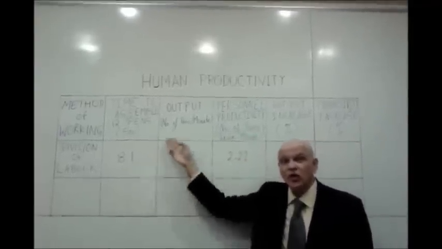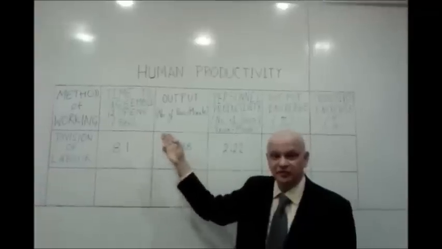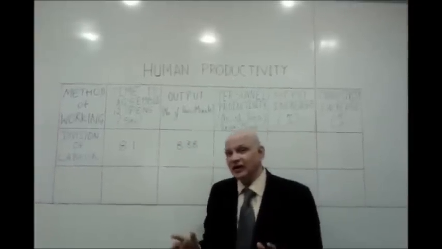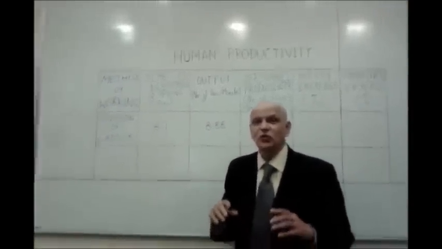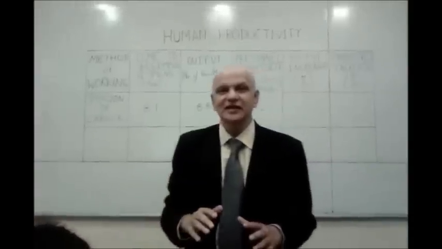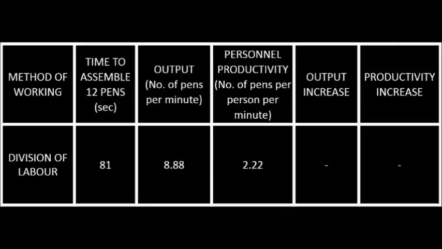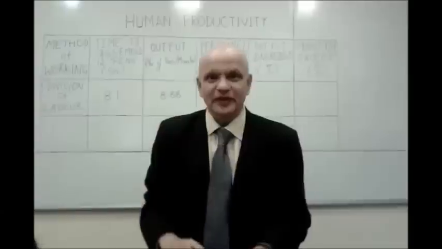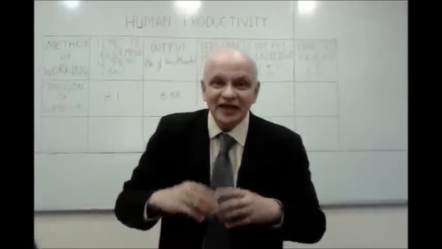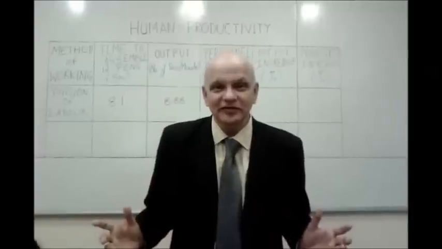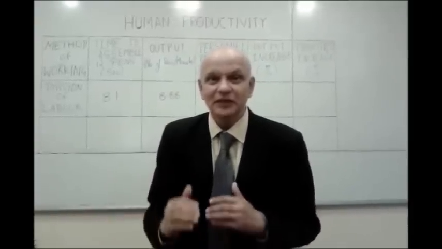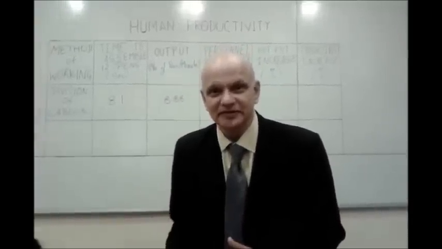So this is how division of labor has performed. We noticed a bottleneck, and it's possible to do line balancing so that the productivity can go up. We need to look at another way of increasing productivity. Surely something beyond line balancing is possible.